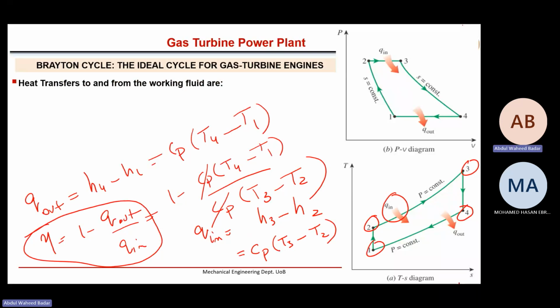Here, now I want to show efficiency in a different form, for which I am assuming constant Cp. If there is mention clearly that Cp is constant in the entire cycle, then we can use this equation, which I'm now deriving.